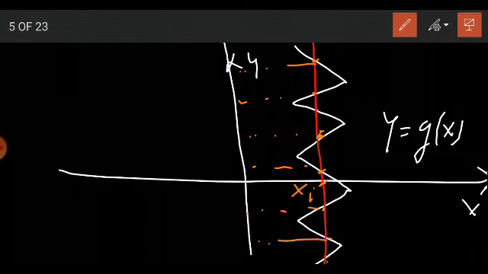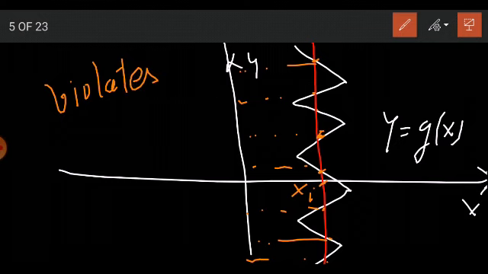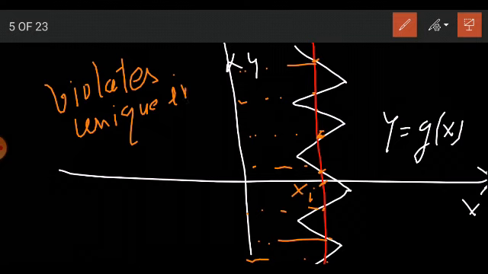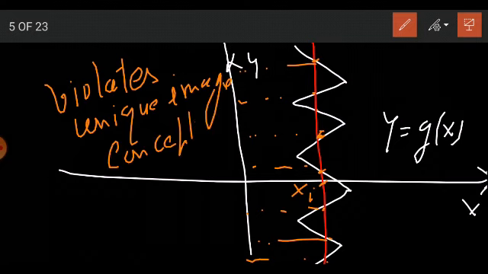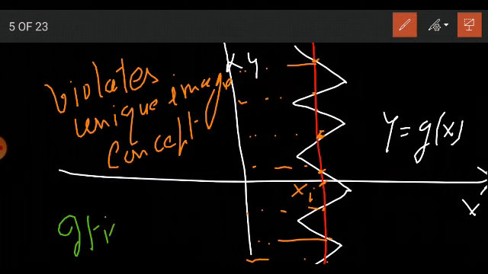For a single x, here it is violating the unique image concept, right? So that is why it is not a function. So we conclude here that it is not a function.